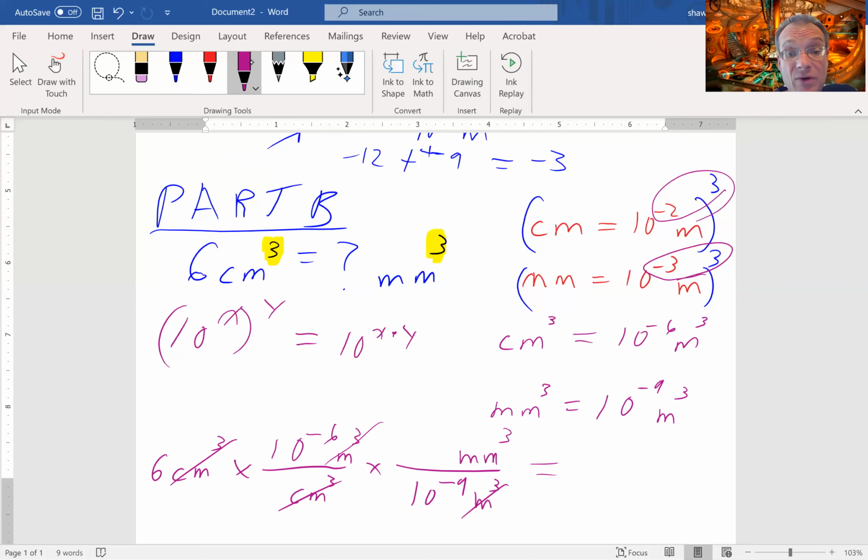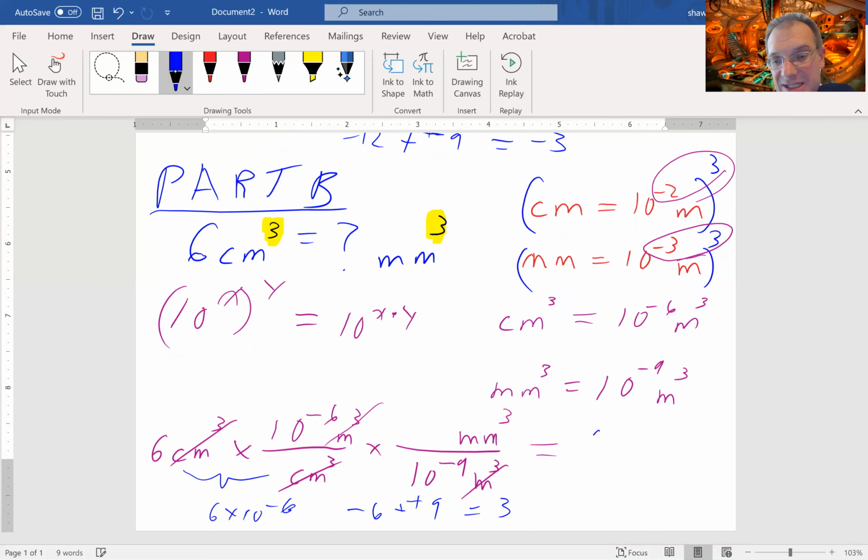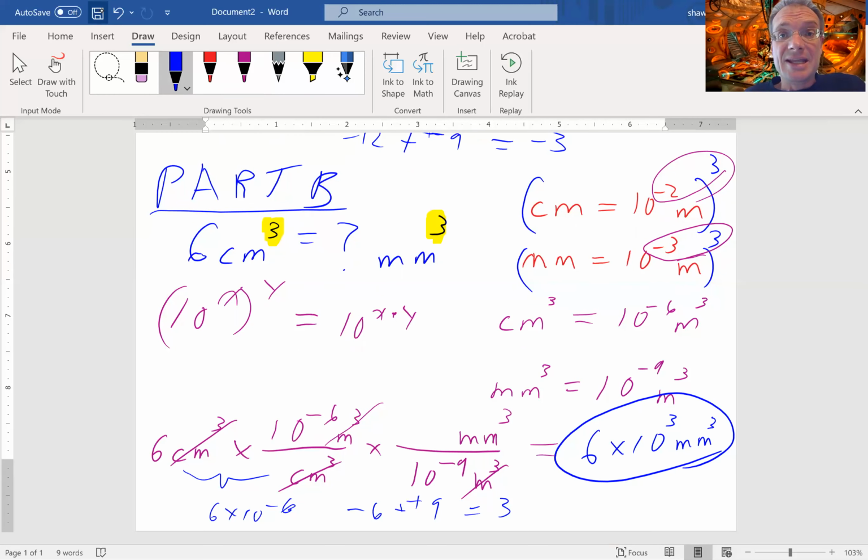That's the unit I'm looking for, so I'm going to multiply everything on top, divide by everything on the bottom. When I do that, I get 6 times 10 to the negative 6 here. Then I'm dividing by a negative 9, so negative 6 minus a negative 9 is the same thing as adding. So I get a plus 3. So I get 6 times 10 to the 3rd cubic millimeters. And that's that.